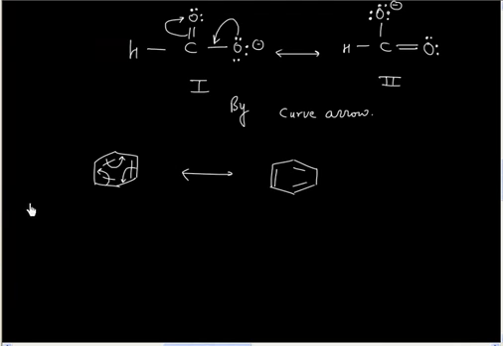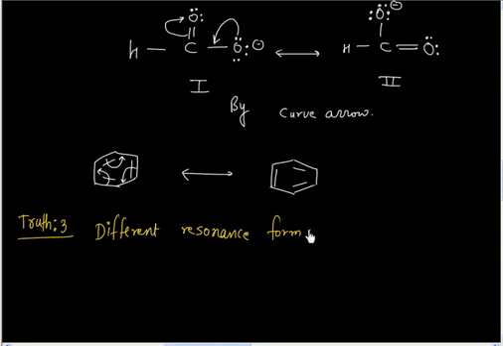The next truth we have is that different resonance forms of a substance do not have to be equivalent.